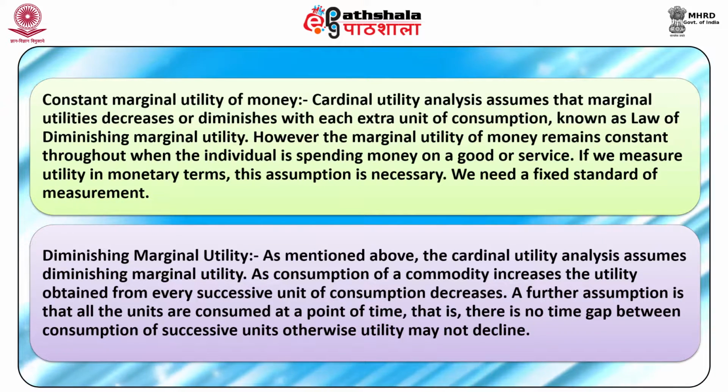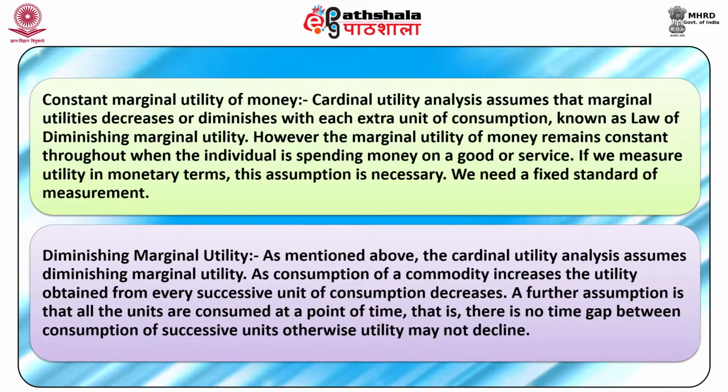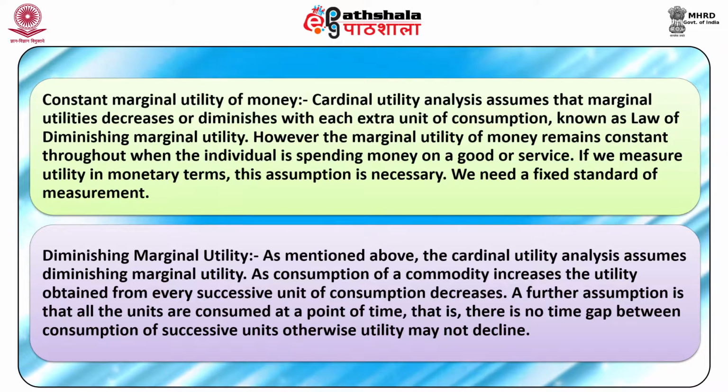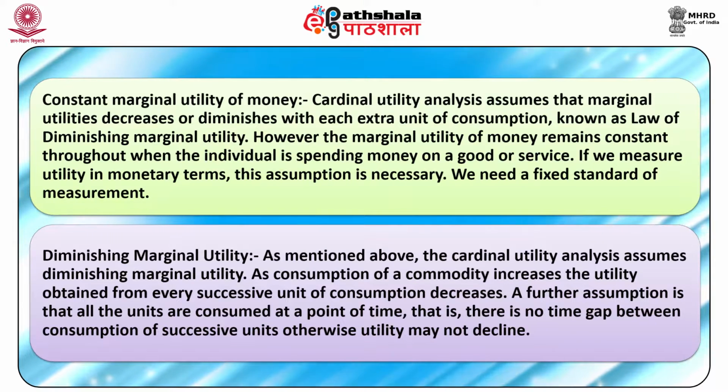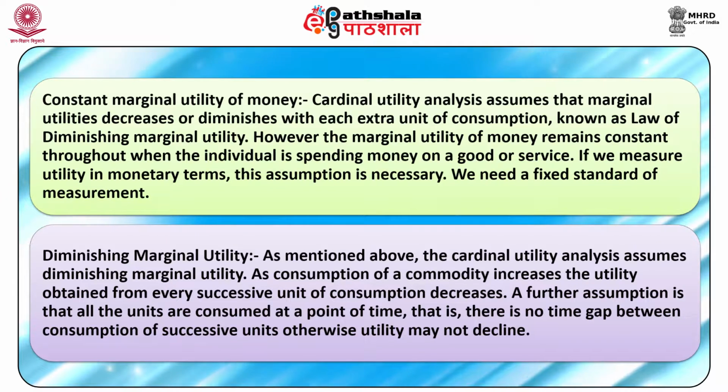However, the marginal utility of money is assumed to remain constant when the individual is spending more or less money on certain goods and services, or when the prices of those goods and services are increasing or decreasing.